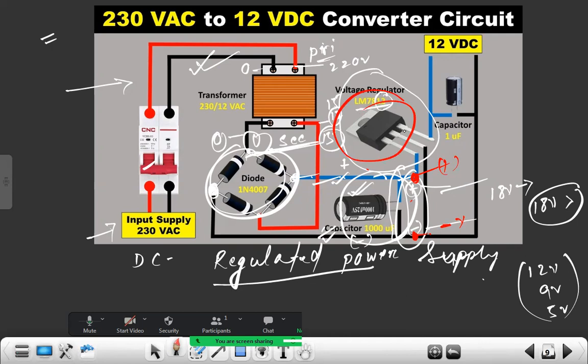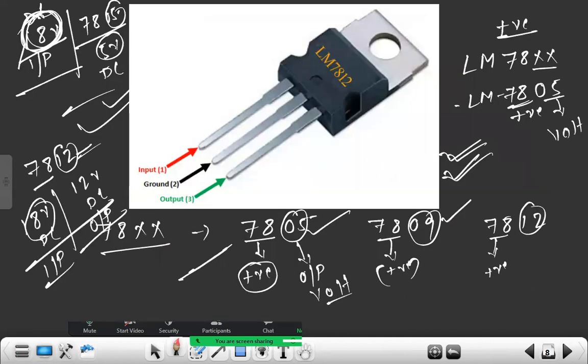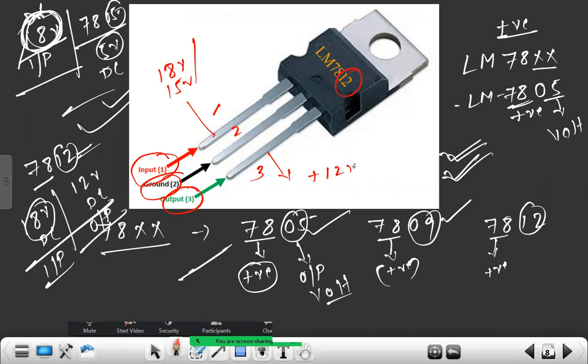regulator IC. Here are 3 pins in the voltage regulator IC: this is pin number 1, this is pin number 2, this is pin number 3. Here is input voltage, here is ground, here is output voltage. If we apply 18 volt or 15 volt over here, and this is a 12 volt regulator, we'll get constant plus 12 volt DC at its output.